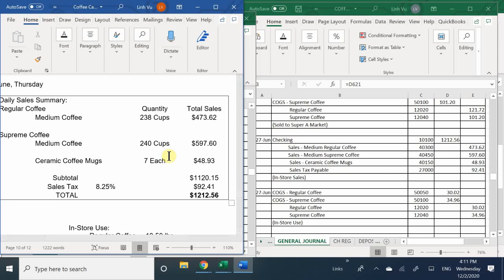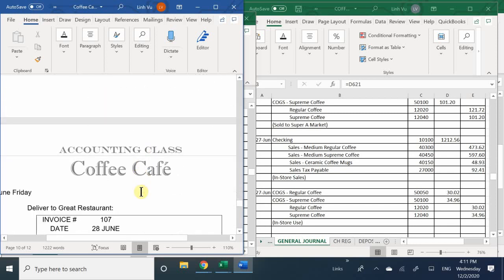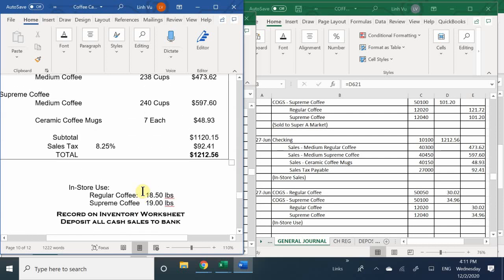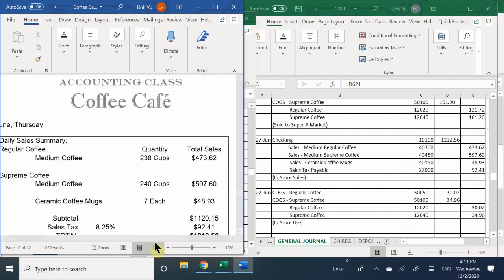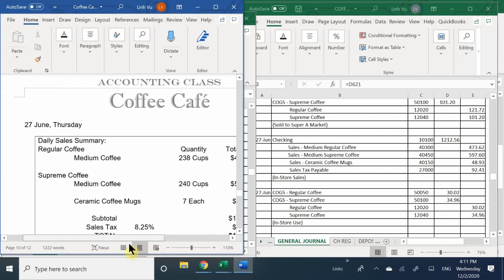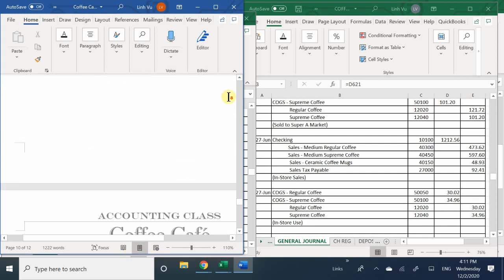Then tomorrow we'll pick up on the daily sales, and we'll complete that payroll process as well tomorrow. But before I do all of that, I will be teaching chapter 13. We'll do the coffee cafe, and then we'll go ahead and finish off. Okay? So let's go ahead and do this real quick. So now that we completed the 27th, oh, actually, wait, we're still on the 27th.